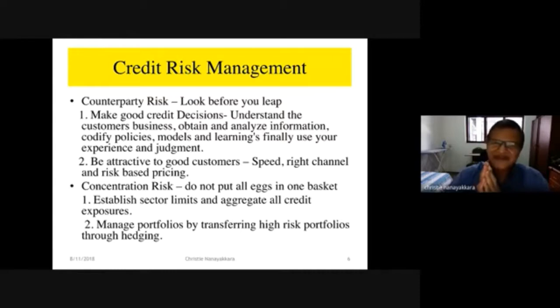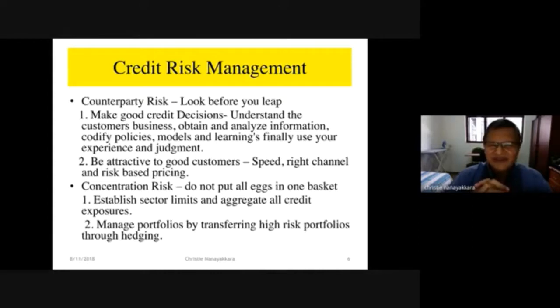Credit risk management, the type of credit risk management we have two types. Credit risk can arise from counterparty risk. That means, I told you, counterparty risk is if a customer defaults to the bank, either capital, interest or non-payment in time, we call this counterparty risk.